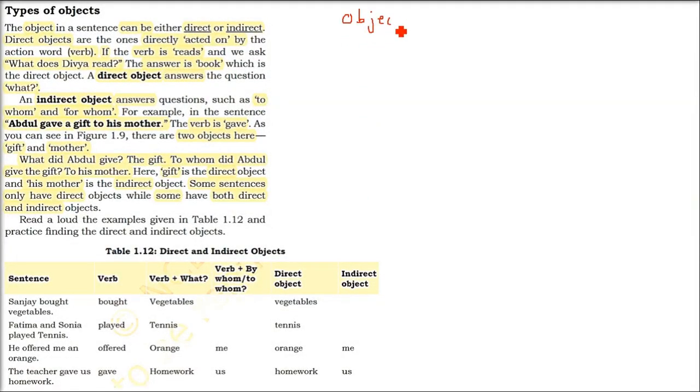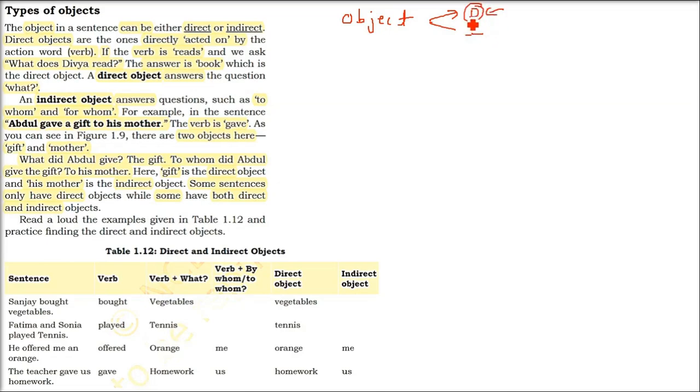So we talked about the object on whom the subject is working. The object can be direct and also indirect. What are direct objects? Direct objects are the ones directly acted on by the verb, the action word.